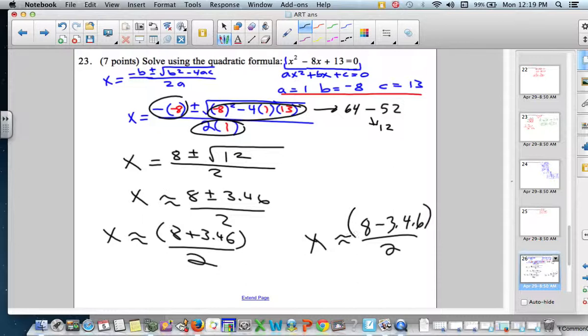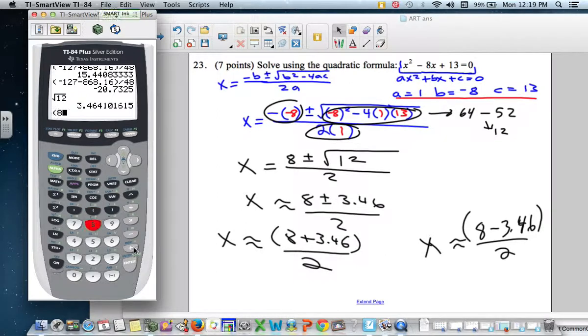Again, you type that in your calculator, make sure you use parentheses. So I'm going to go ahead and type those two in.